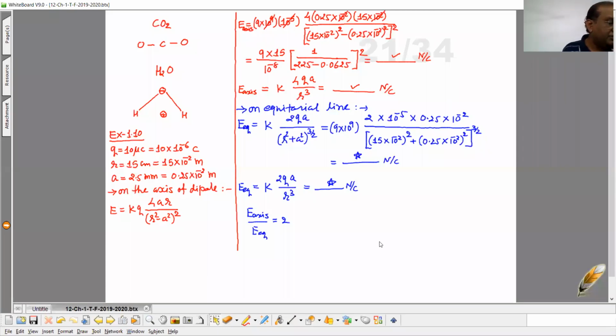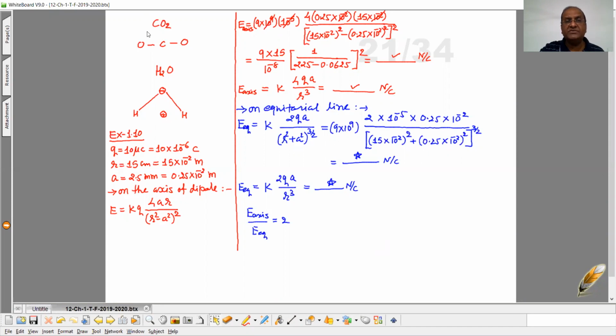Then after the topic, that is physical significance of dipoles. Now see, we can observe some molecules for which the centers of positive and negative charges are at the same place, or we can say coinciding each other. See here, CO2.